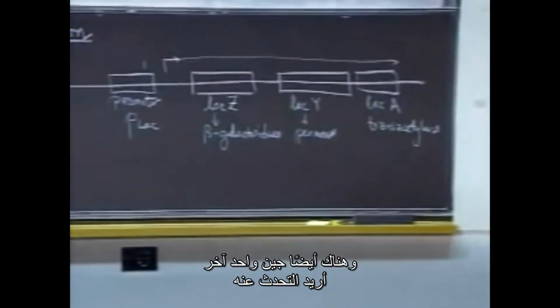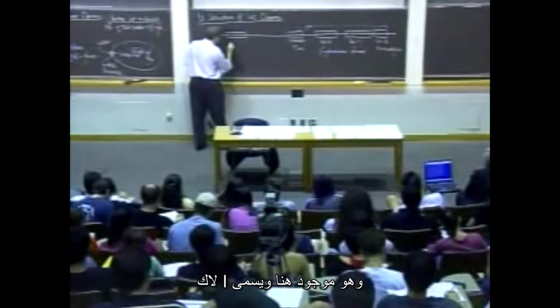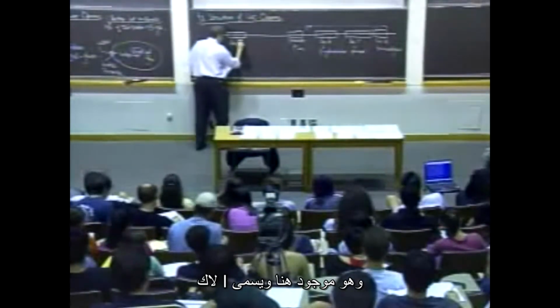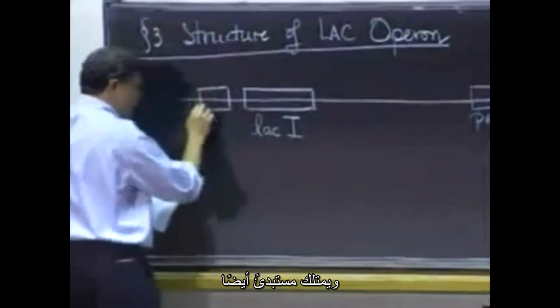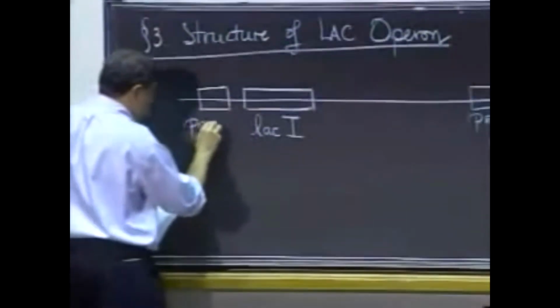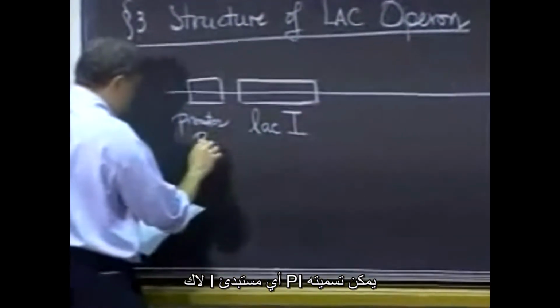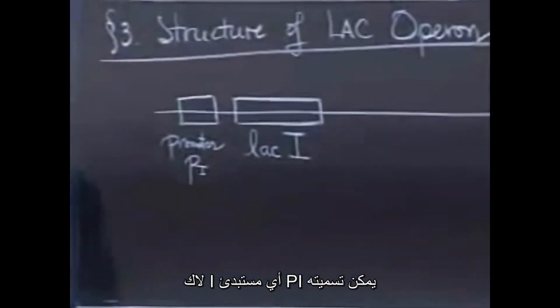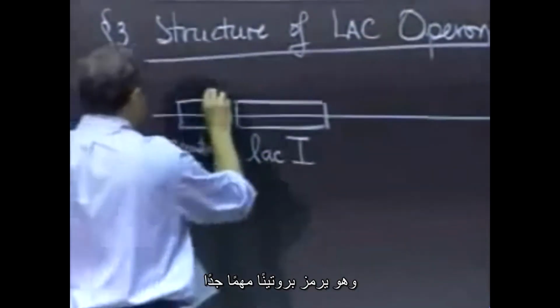There's also one other gene I need to talk about, and that's over here, and that's called Lac I. And it, too, has a promoter, which we can call PI, for the promoter for Lac I. And this encodes a very interesting protein.